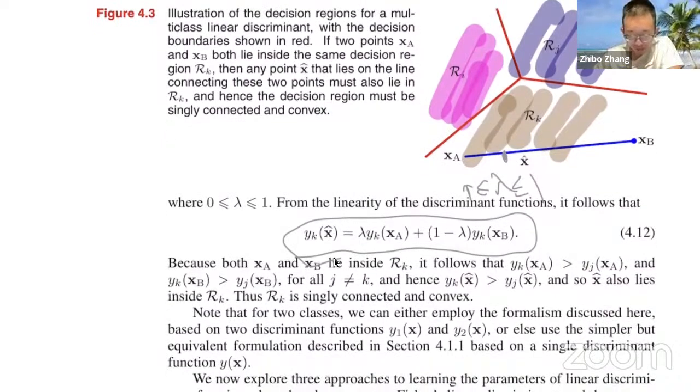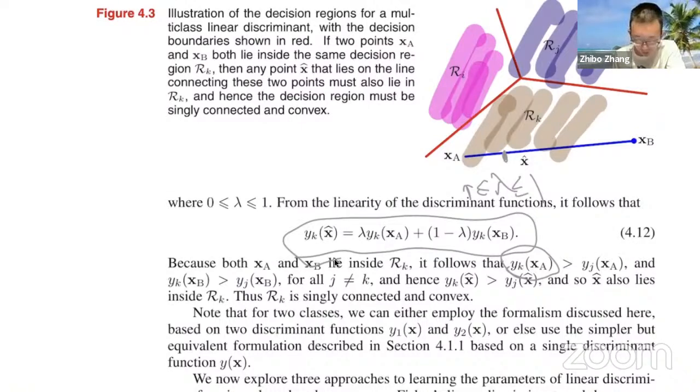Remember the output value for the winning class. The winning class is the category that gets the highest score for a particular input. So xa obviously gets the highest output score on category K, so it's greater than the output of category J. Same case for xb.